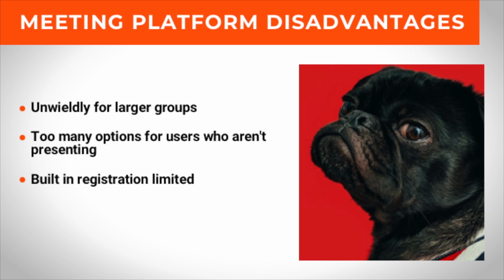If you want to have people to register for an event, there's not a lot that you can do in most meeting platforms. And if you don't set it up right, you run the risk of somebody hijacking your meeting. Yeah, you've heard the term, like you don't have enough to worry about, Zoom bombing. Somebody hijacks your meeting.